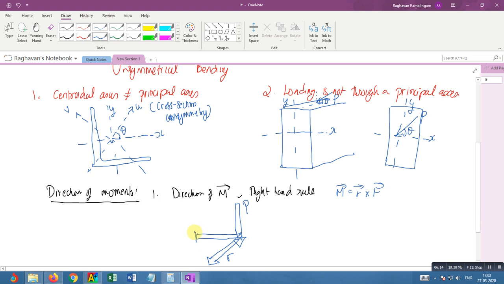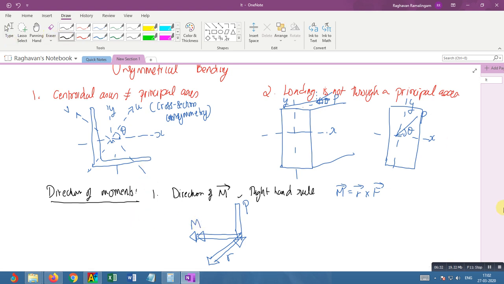So it gives it to be in this direction. I used a double arrow because rotational things like moment couples are usually represented by double-headed arrows when you draw them as vectors. So this becomes my M.